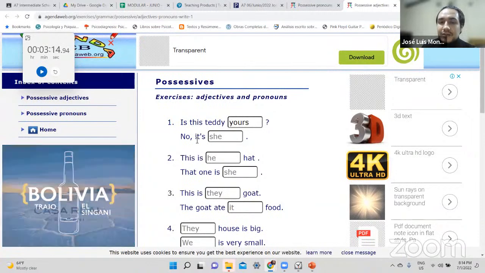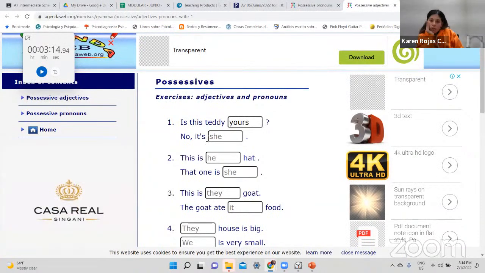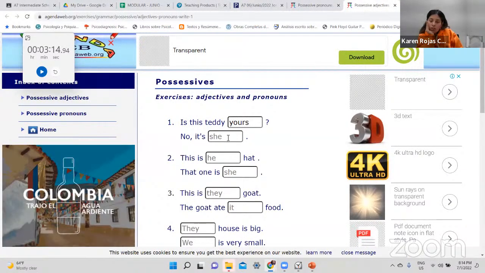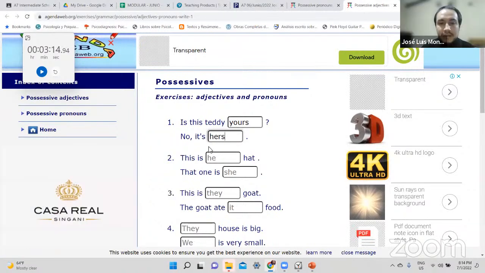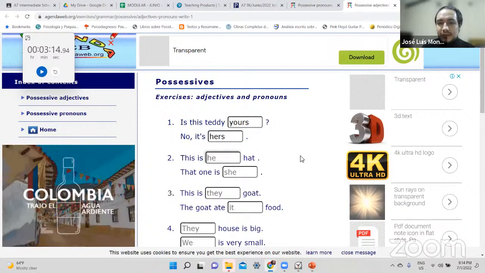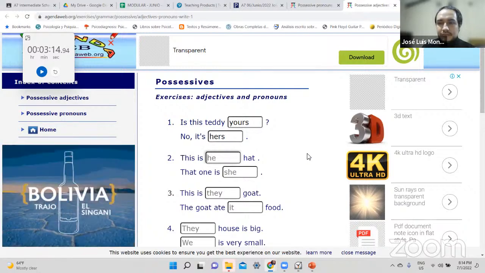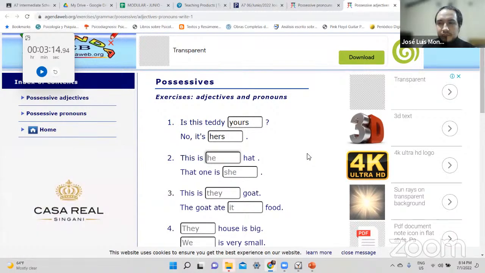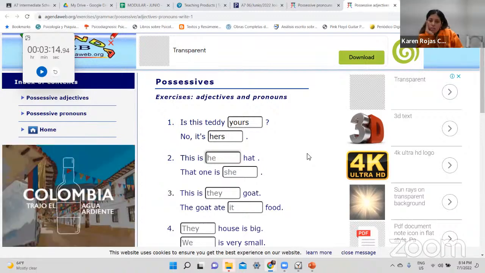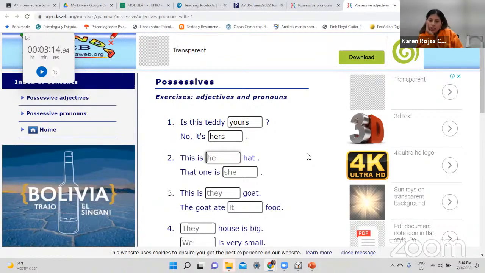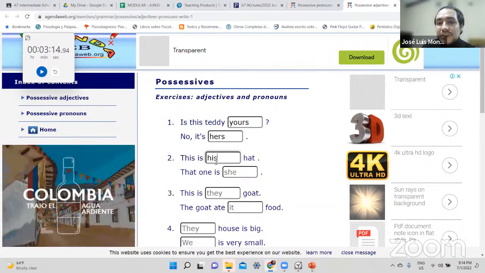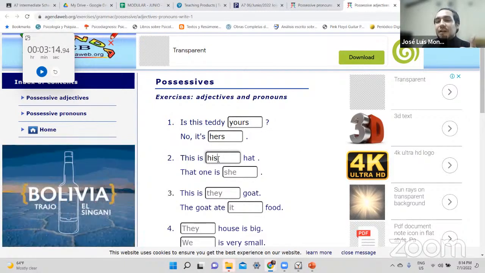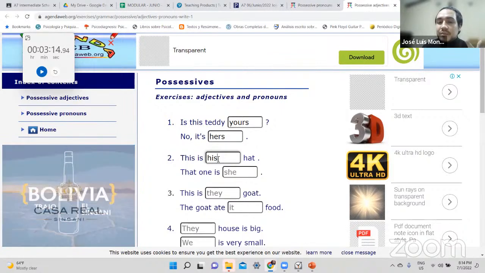What about this one? In this case, his. And one question, because his is the same as the possessive adjective and the possessive pronoun.